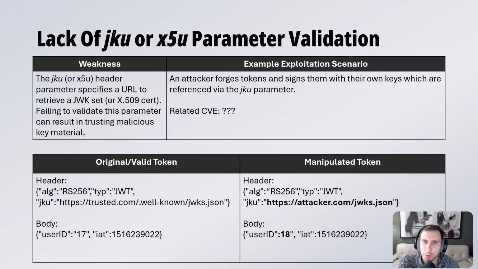So maybe I just didn't do a really thorough CVE search for this one, but I assume applications have been impacted by this in the past. The main issue here is that you have a header that tells the application where to retrieve the certificates from. And so as an attacker, if you can host your own keys or certificates and reference those, and the application trusts those, well, then you can use those to sign your own tokens. So it's pretty straightforward.